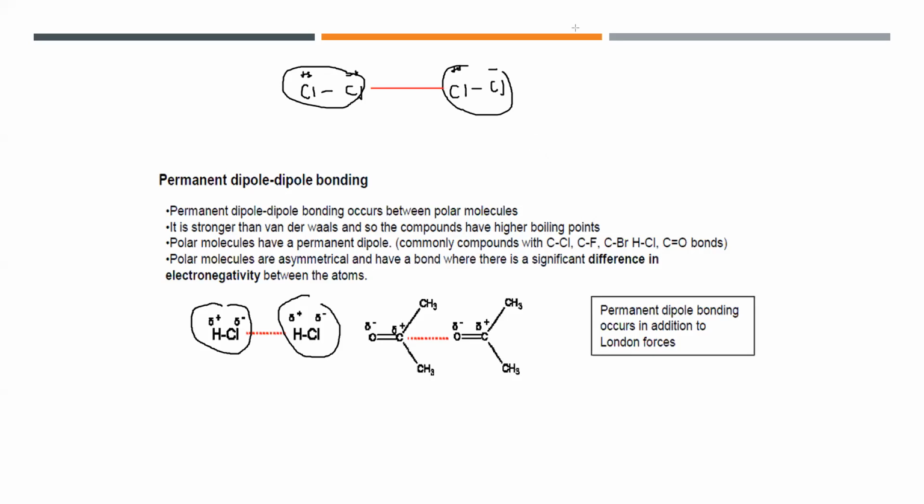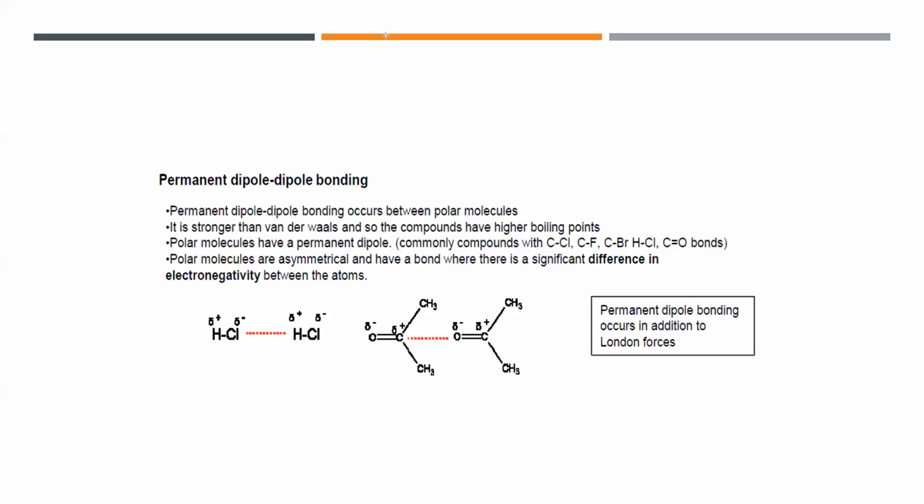But in dipole force or permanent dipole force, the molecules are polar. As the molecules are polar, there is a permanent attraction between the molecules, so dipole forces are relatively stronger compared to dipole induced dipole.